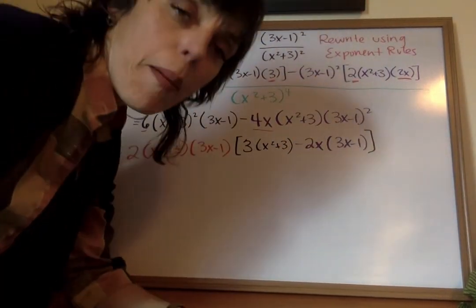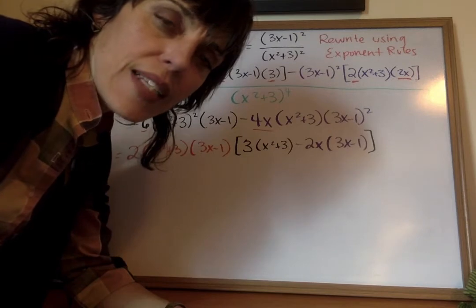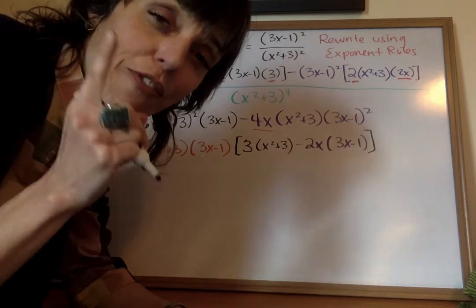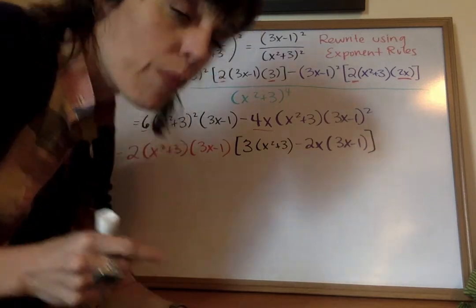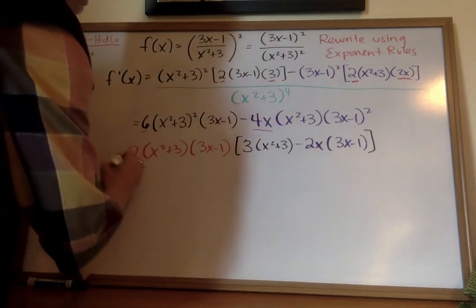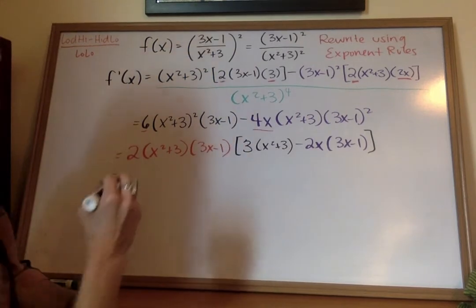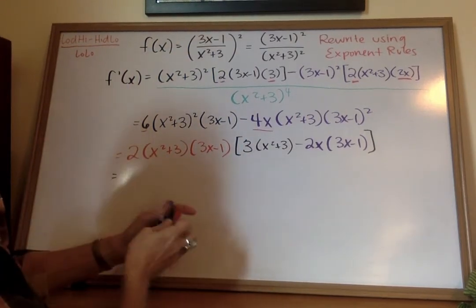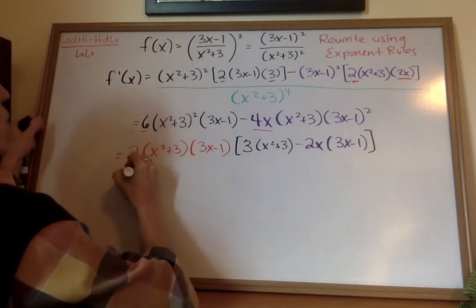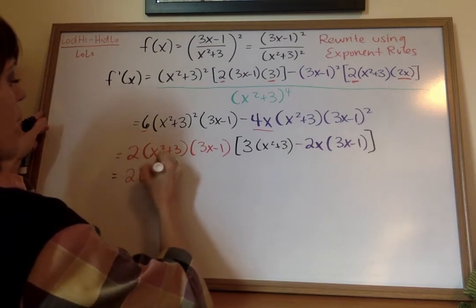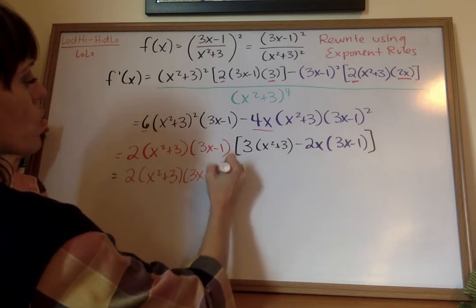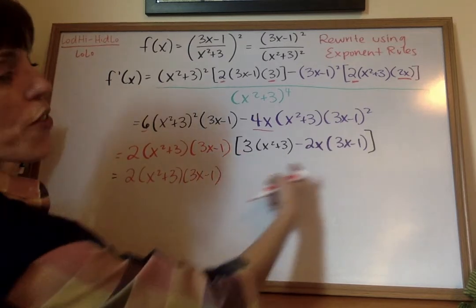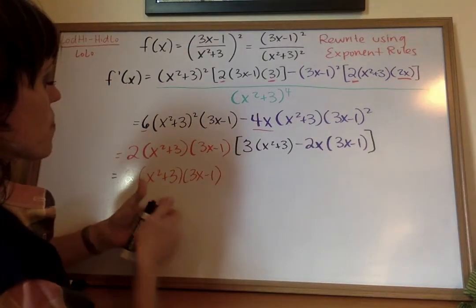So again, I'm going to keep working on this numerator because I can see I need to simplify it more. I haven't forgotten the denominator. I'm going to pull it back in, but I'm going to run out of room if I keep writing it. All right, so still working on the numerator. I now have, as my factors that I've pulled out, 2 times x squared plus 3 times 3x minus 1. And then I'm going to simplify everything that's here in these brackets.